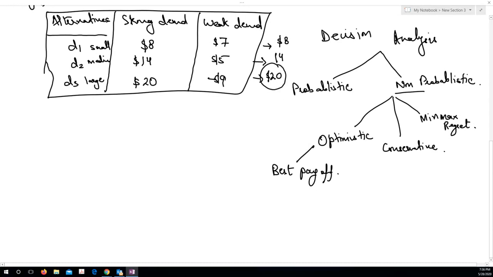So this is the optimistic approach, and we are optimistic that in the future demand will be high, which is okay. We can be optimistic about the future.